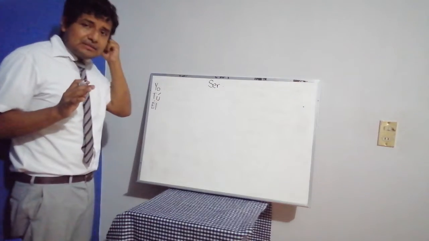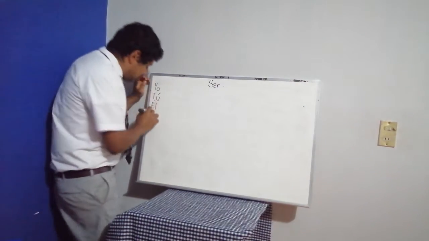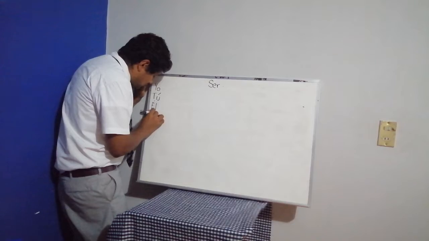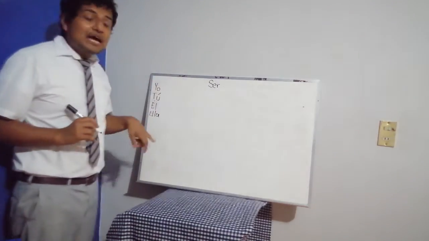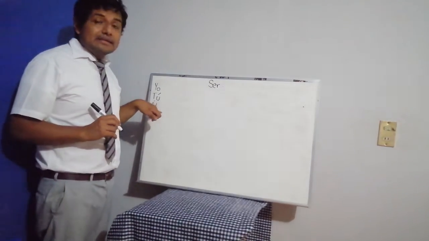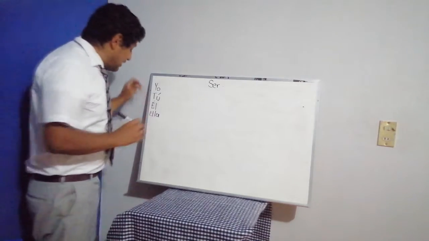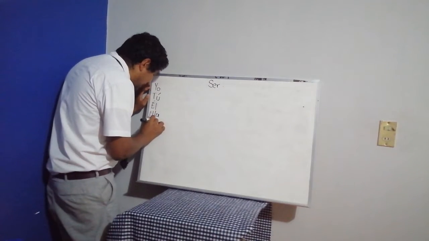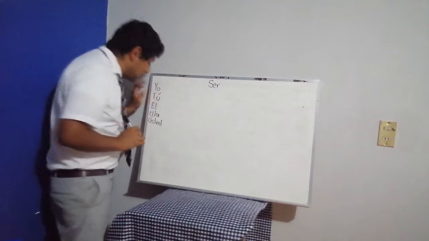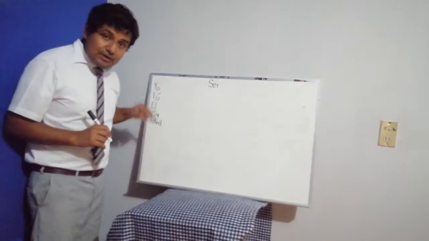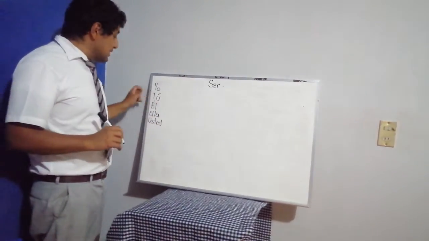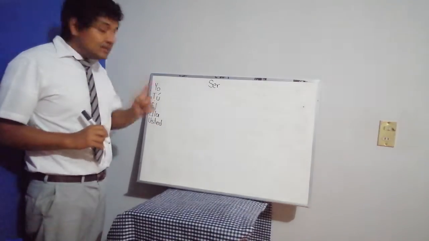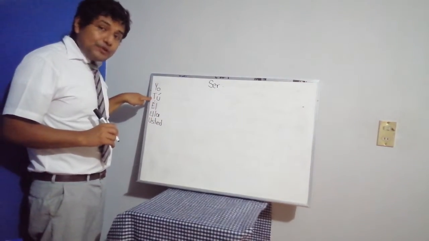It's not very hard. The next one is ella. Ella is the feminine of él. In this case, she. And we have usted. Usted is third person as well in Spanish. Usted is the formal singular way of tú, you.